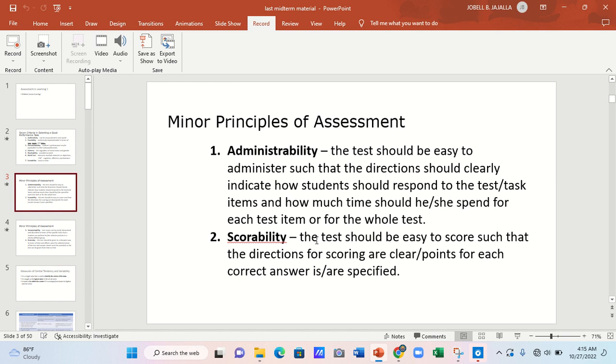If it is an essay, it has criteria with the corresponding points.